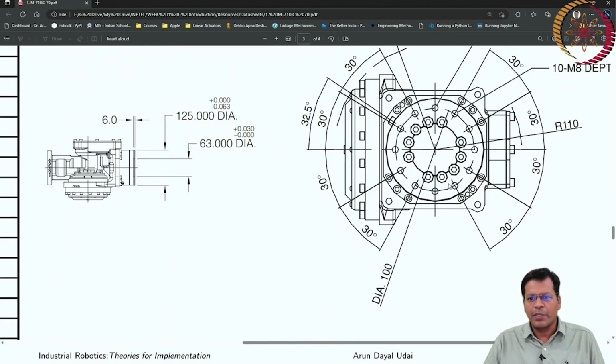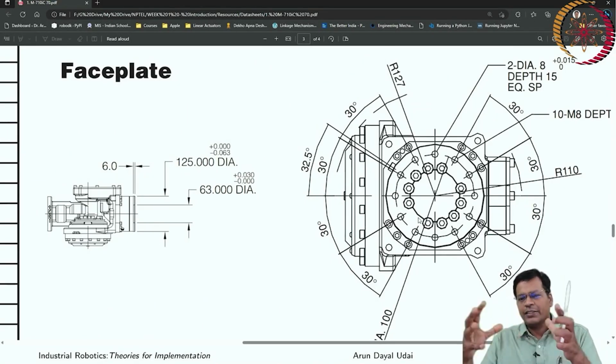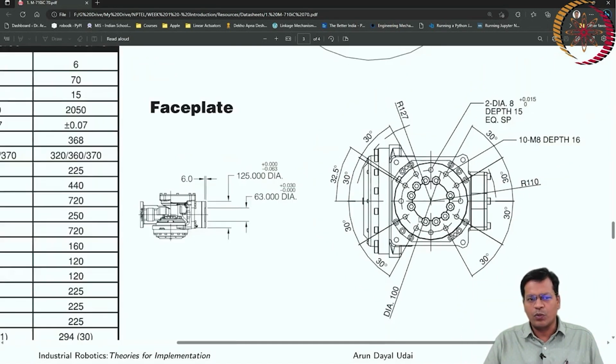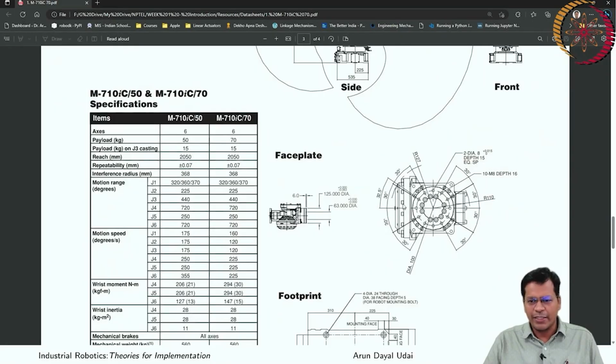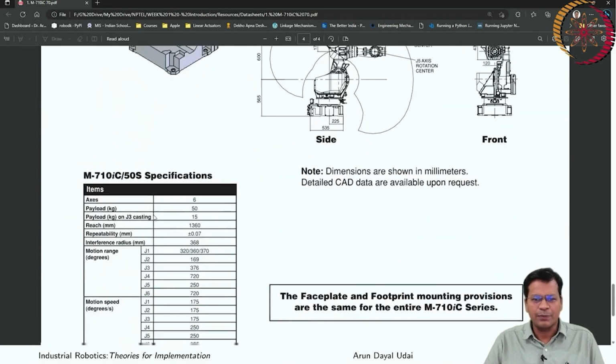This is the coupling flange which I was talking about. This is the flange dimension, the media flange where you can fit your gripper or any other tool to work with. This is as per the ISO standard. This is the repeatability and all the dimensions which I just discussed.